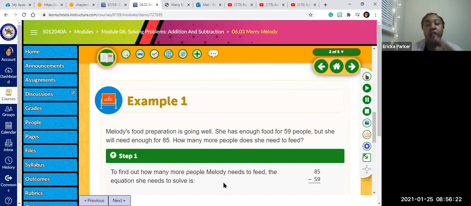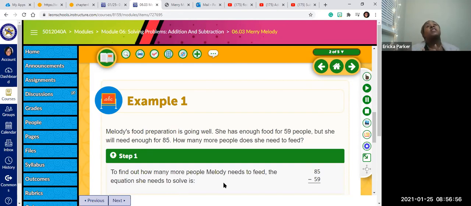So I want to make sure that we look through this problem here. Melanie's food preparation is going well. She has enough food for 59 people, but she would need enough for 85. How many more people does she need to feed? All right. So here through Canvas, they are breaking it down for you. They're asking you, okay, what do you need to figure out?